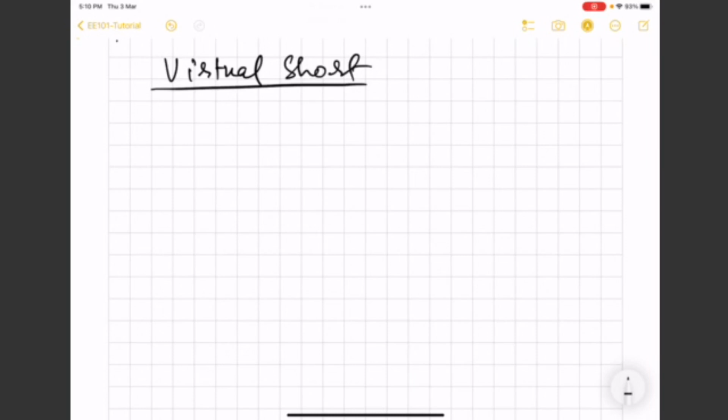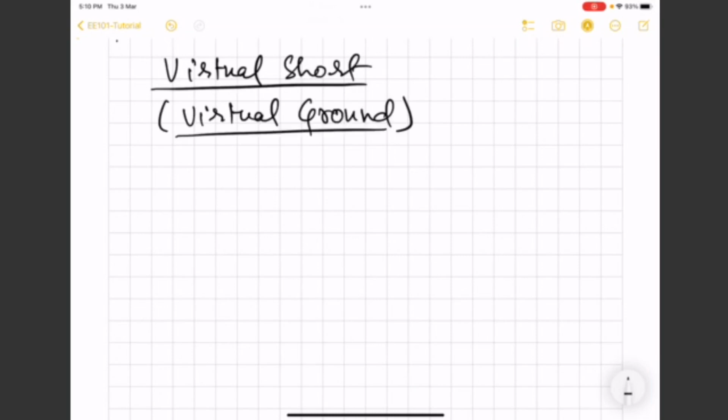In a simpler form, this is also called virtual ground. You might have heard of virtual ground, but virtual short is a generalization of this virtual ground concept.